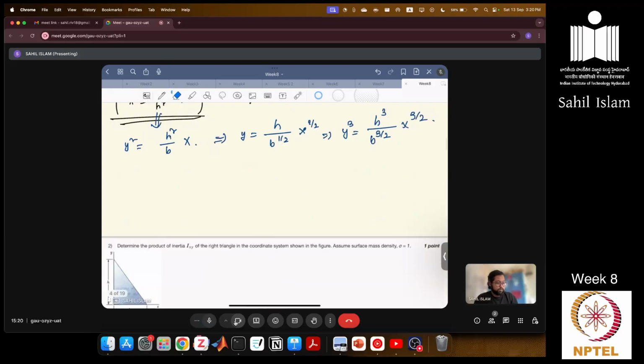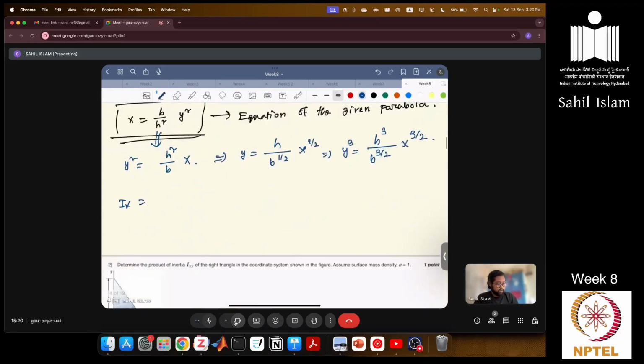So Ix was rho t by 3 integral y cube dx. So what have we found? Y cube is h cube by b to the power 3 by 2, x to the power 3 by 2. So let's write it down: rho t by 3, h cube by b to the power 3 by 2, x to the power 3 by 2 dx.